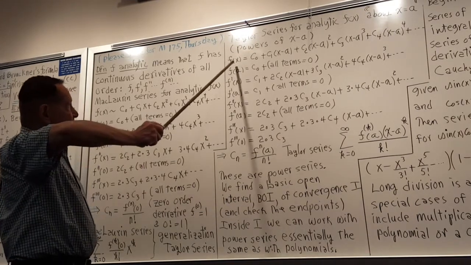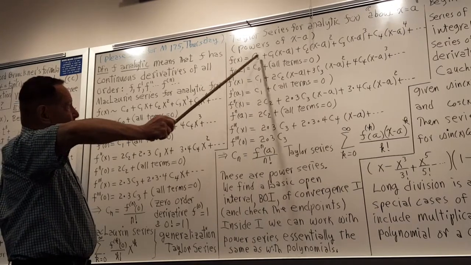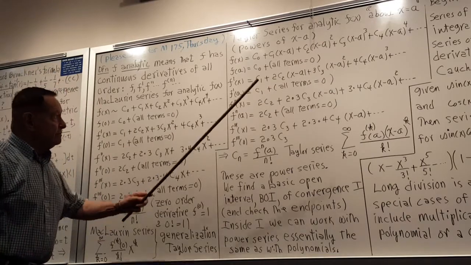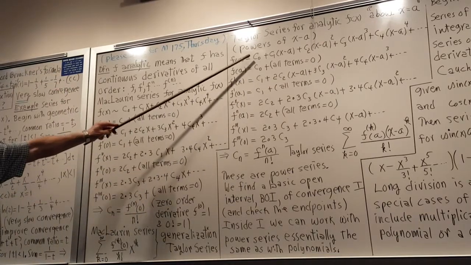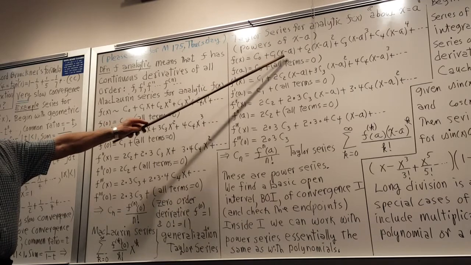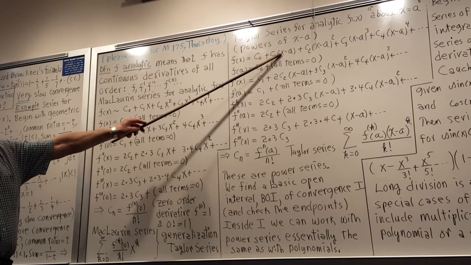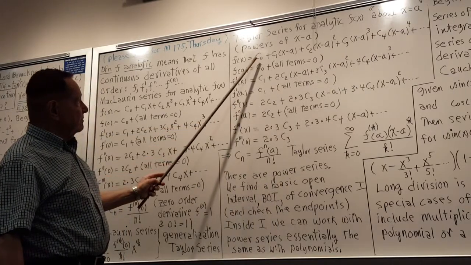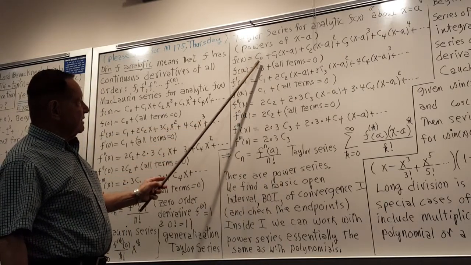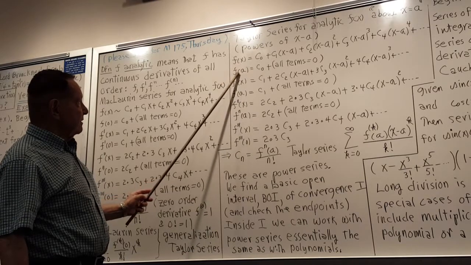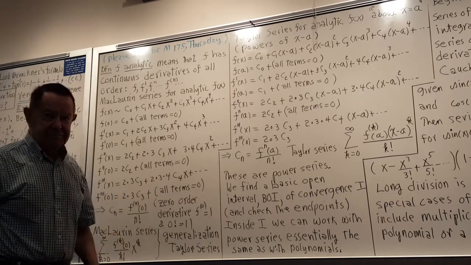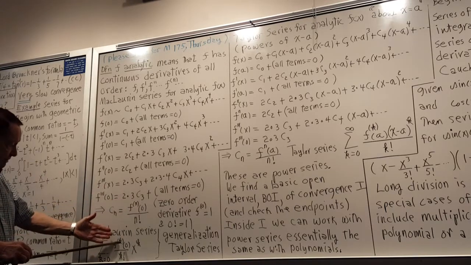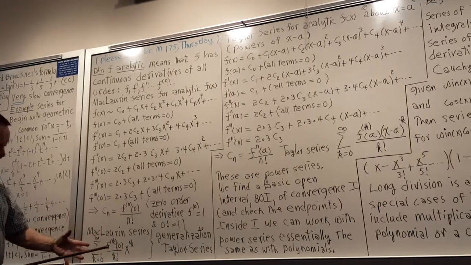So if what you're looking for is a series like this, the first term is what you get if you put a there and there and there and so on. So the C0 is your function at a. Here, remember, your C0 was your function at 0, your f of 0.